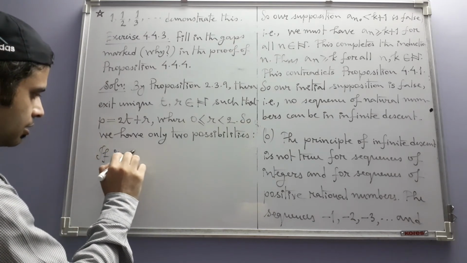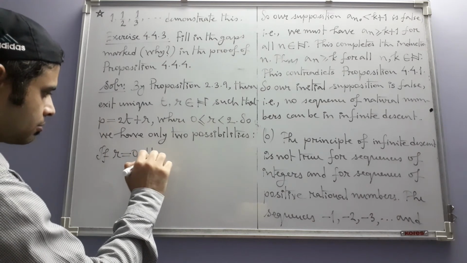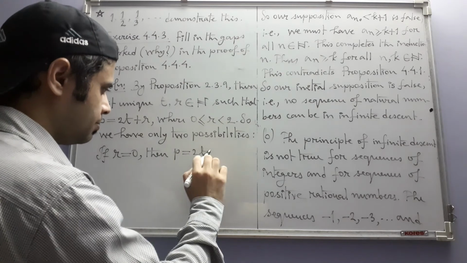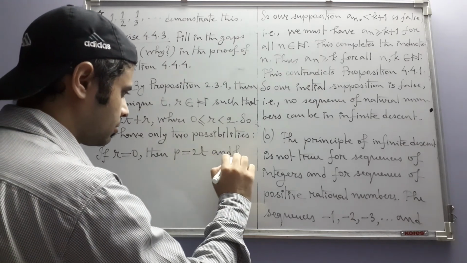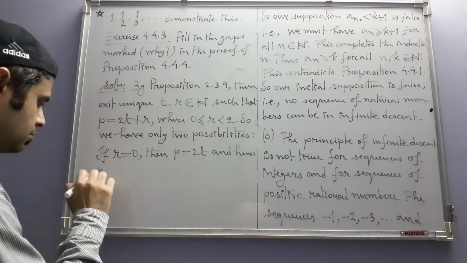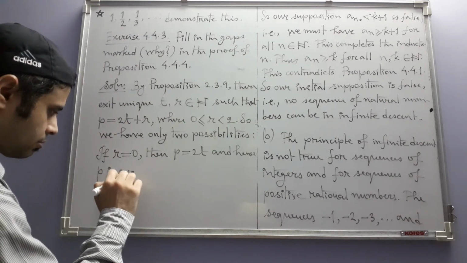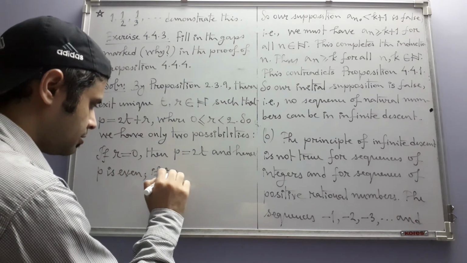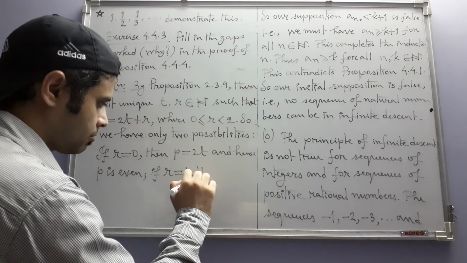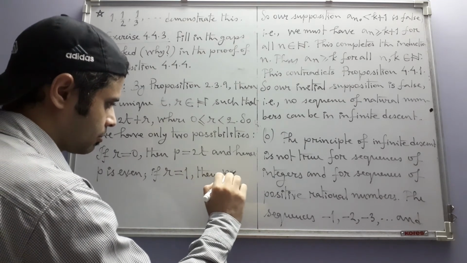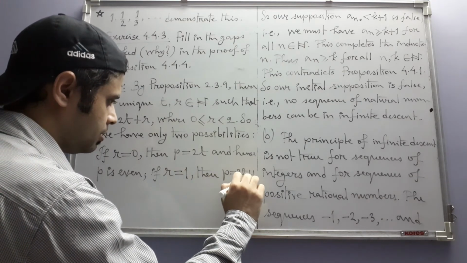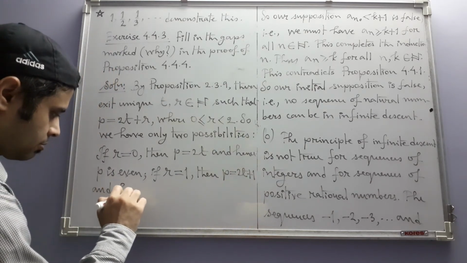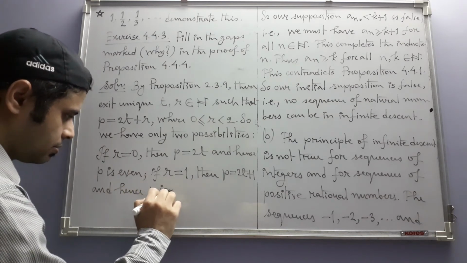If r is equal to 0, then p is equal to 2t and hence p is even. And the second one is this: if r is equal to 1, then p is equal to 2t plus 1 and hence p is odd.